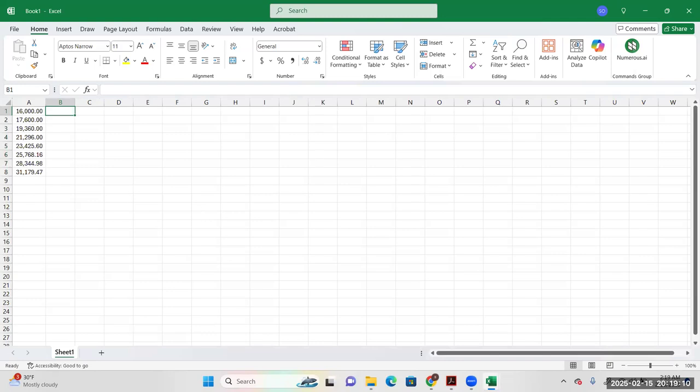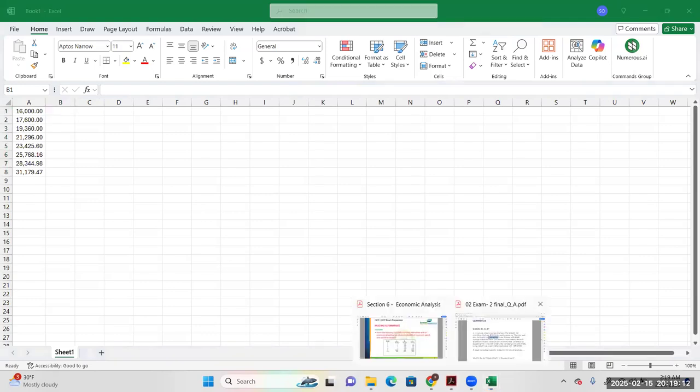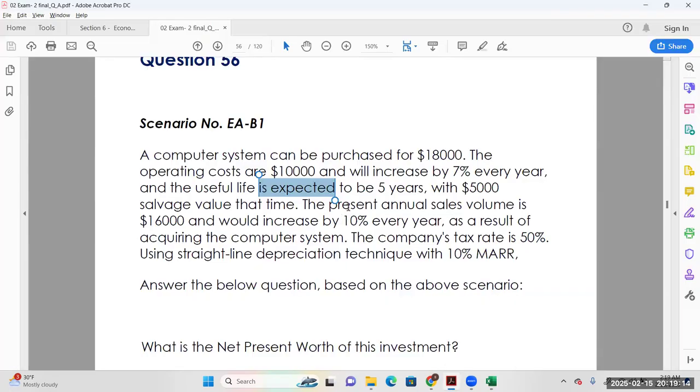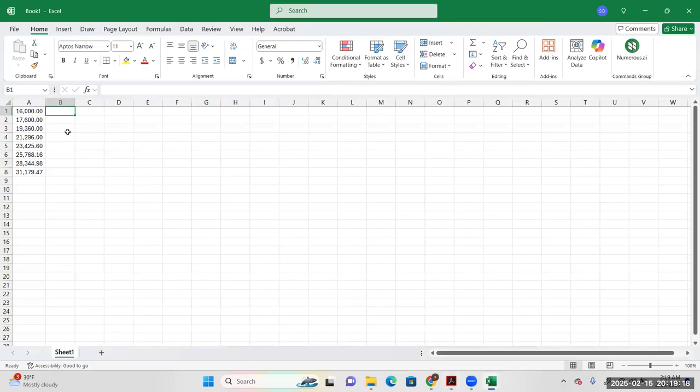Then cost, how much? Check. 10,000 increasing 7% every year, right?